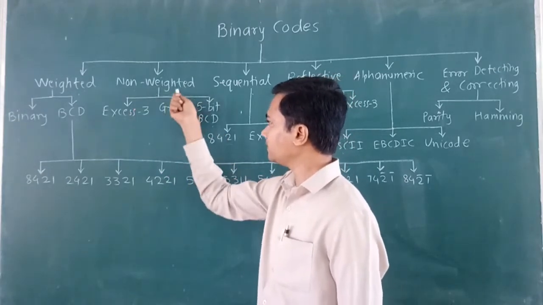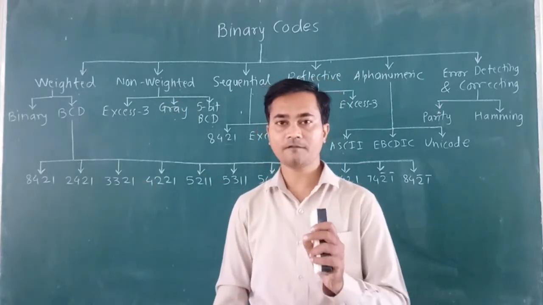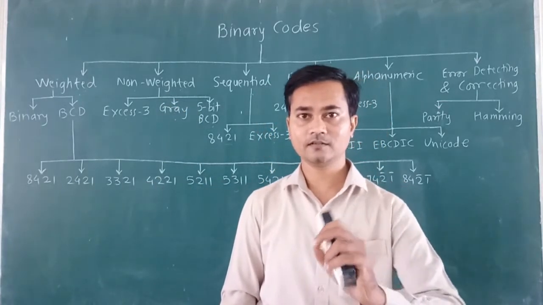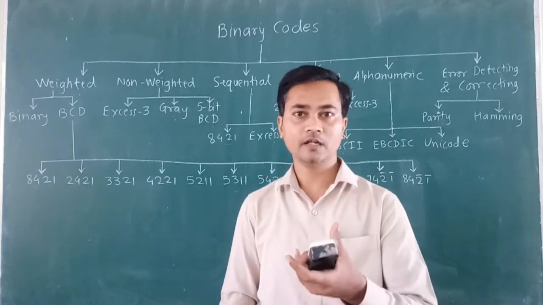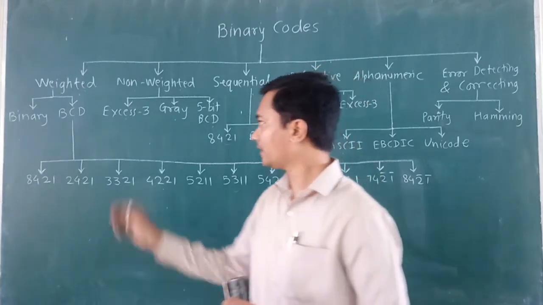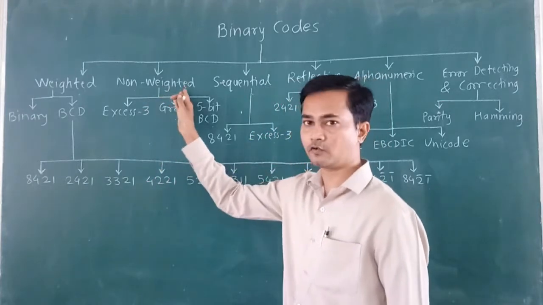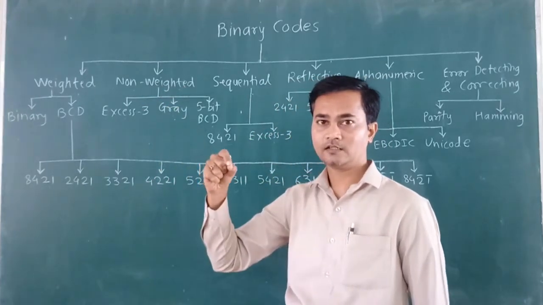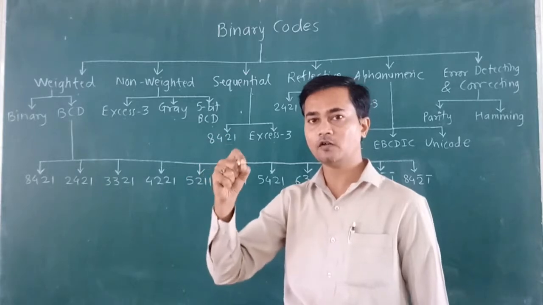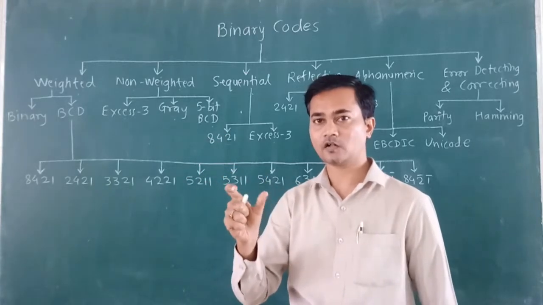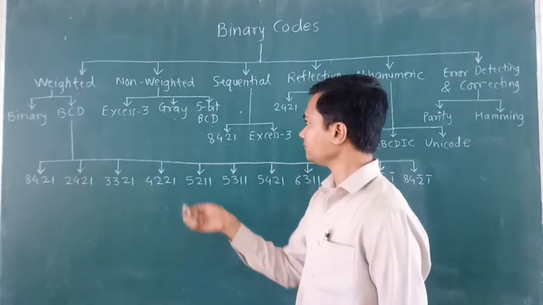Non-weighted means the position of a bit doesn't decide the value. It is not like weighted; in non-weighted code the position does not give you the exact value of that number or alphabet.